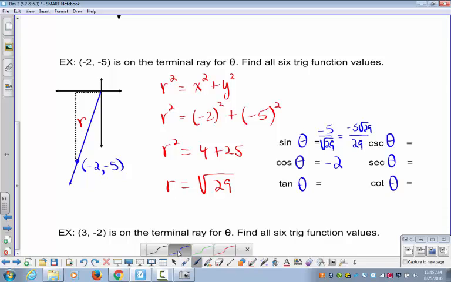They have to be numbers between -1 and +1. So they still have to be small in magnitude. That's not between -1 and 1. That's not okay. It needs to be scaled by that radius number, by that radial value. So this is going to be -2 divided by square root of 29. And again, in my MyMathLab, it will definitely want you to rationalize.